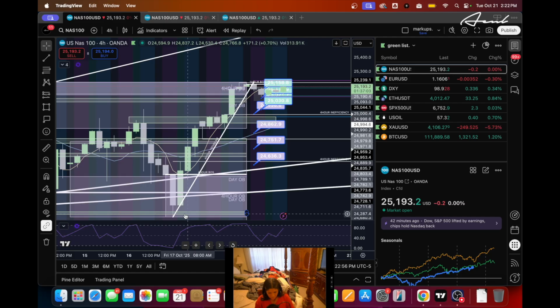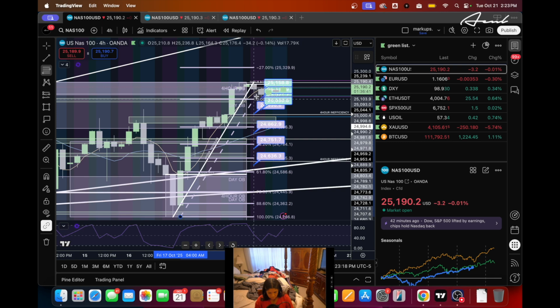Then I moved down to the 4-hour chart, and from here I marked off the 4-hour Fibonacci levels, as you can see in the video, represented by the light purple price levels. Here soon, I'm going to draw out the Fibonacci levels using the Fibonacci tool, to show y'all how I got those price levels.